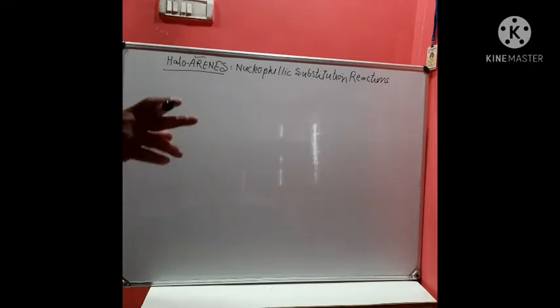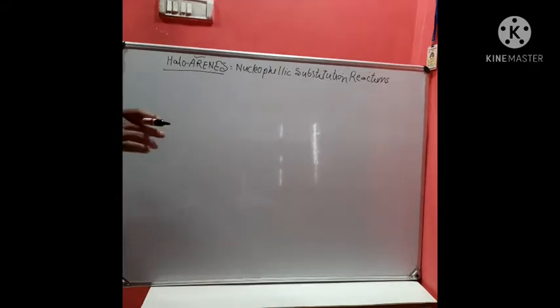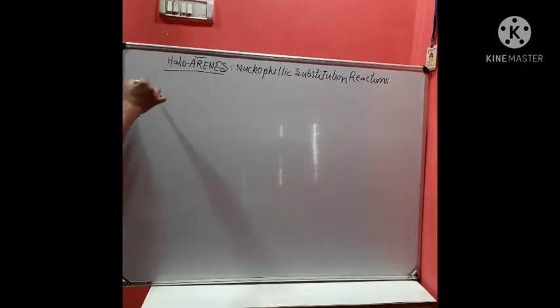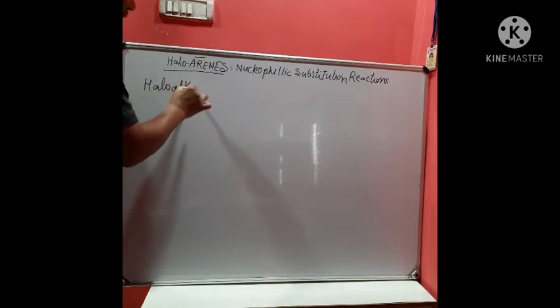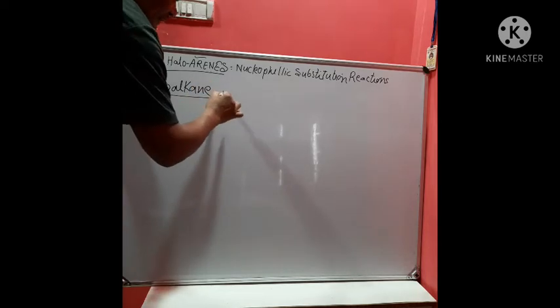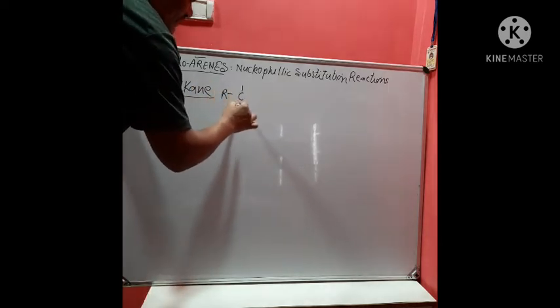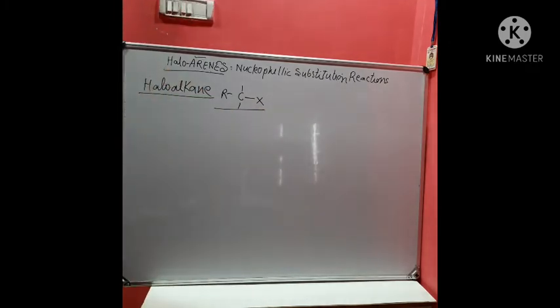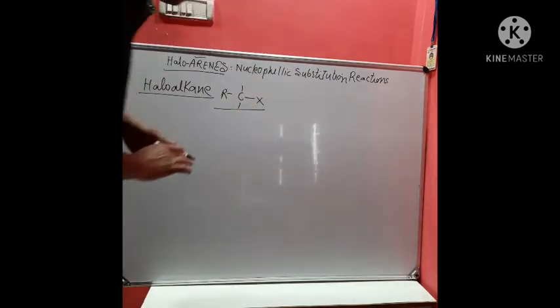Student, in haloalkane we have seen there is a C-X bond. If I write haloalkane, because we have to do a comparative study, this is R-C-X, this is haloalkane, isn't it? But what about haloarene?